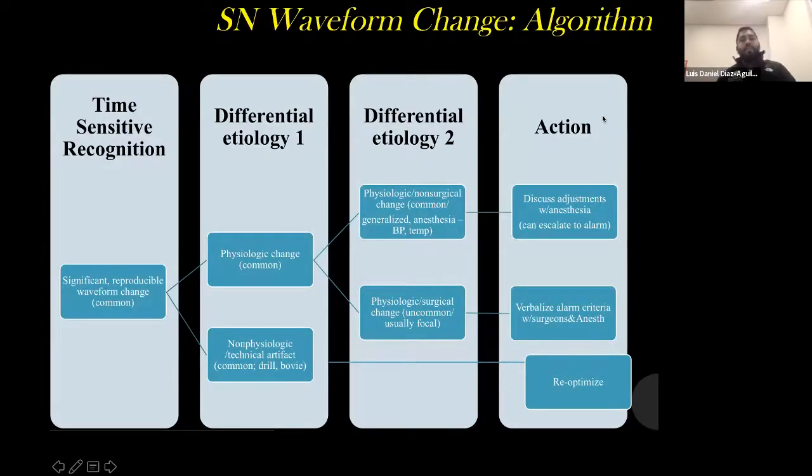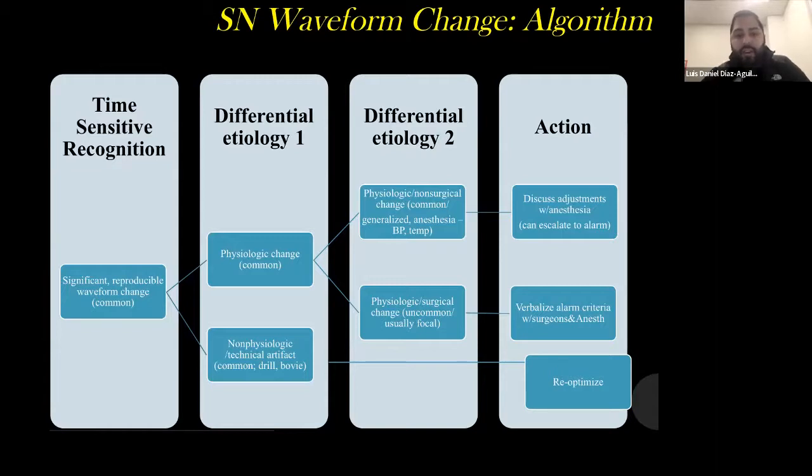As such, there is a general algorithm for the alert criteria within electrophysiology. So first, there's a time-sensitive recognition, the confirmation that this is in fact a true alert criteria, evaluating the first stage of the differential, whether this is physiologic or non-physiologic, at which point you would re-optimize.